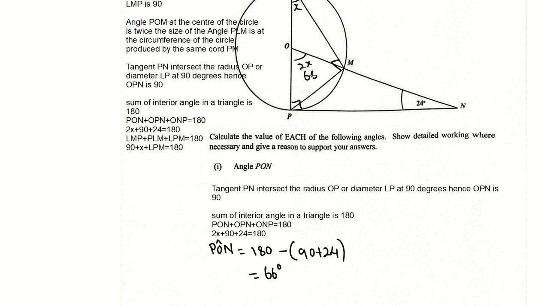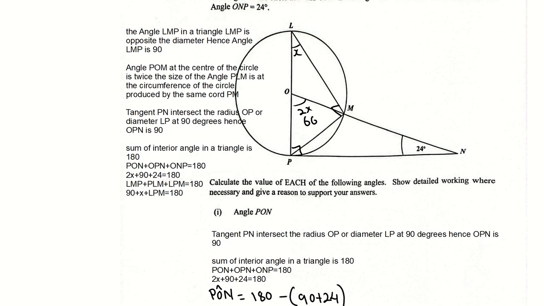So this is 66 here. So immediately in my mind, knowing the rules, I know that this is 2x, so this would actually be 66 divided by 2, which is equal to 33. So if they do ask you for this angle here, you know it's 33.